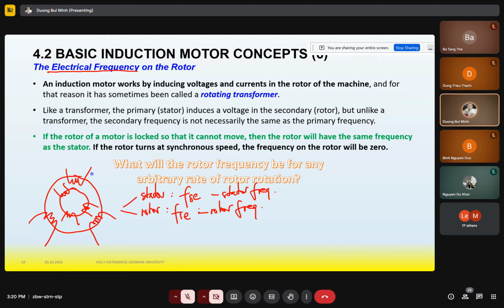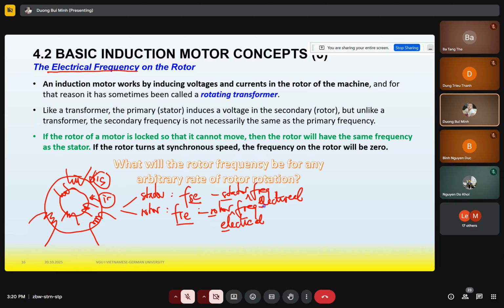Why? Because we have I_s, the stator current, so we have the stator frequency. Here at the rotor we have I_r, so we have the rotor frequency. This is the stator electrical frequency, and this one is the rotor electrical frequency.